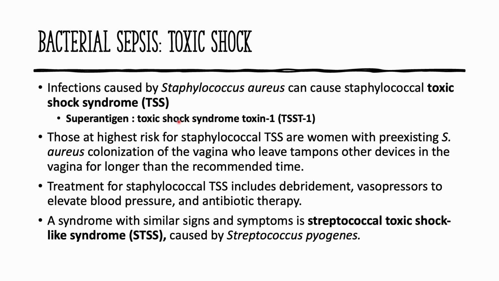People that are at highest risk for developing staphylococcal toxic shock syndrome are women that are already colonized by Staphylococcus aureus. Staphylococcus aureus can potentially be part of the normal vaginal microbial community, and when that community experiences dysbiosis, maybe from taking some type of drug or from leaving in tampons or devices in the vagina too long, that can upset the community and allow Staphylococcus aureus to proliferate, ultimately leading to disease.